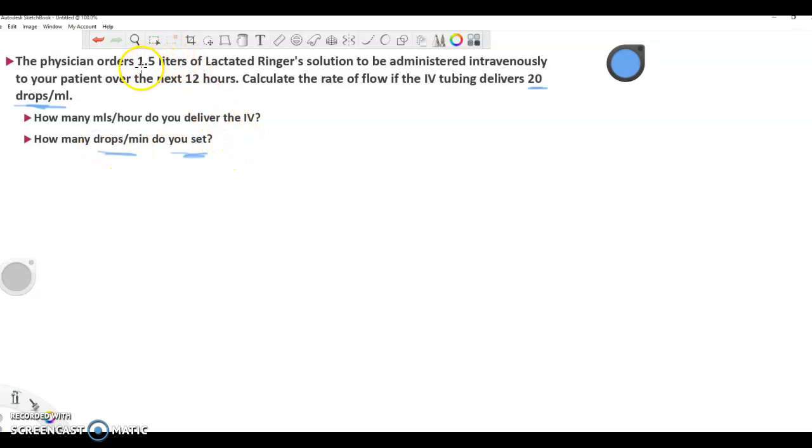Right, the first thing here is we're looking at 1.5 litres, and how many mil is that? Remember 1 litre equals 1000 millilitres. So to go from litres to millilitres, I'm multiplying by 1000.